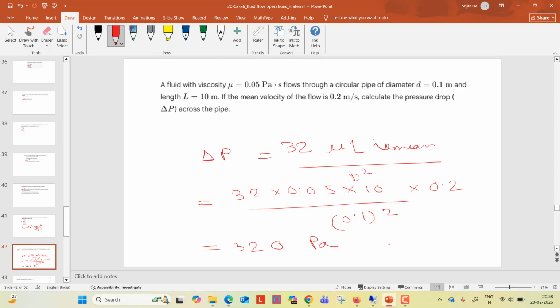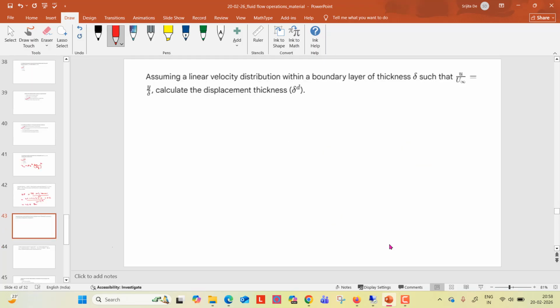in an exam. Next, assuming a linear velocity distribution within a boundary layer of thickness delta such that u by u infinity equals y by delta, calculate the displacement thickness.